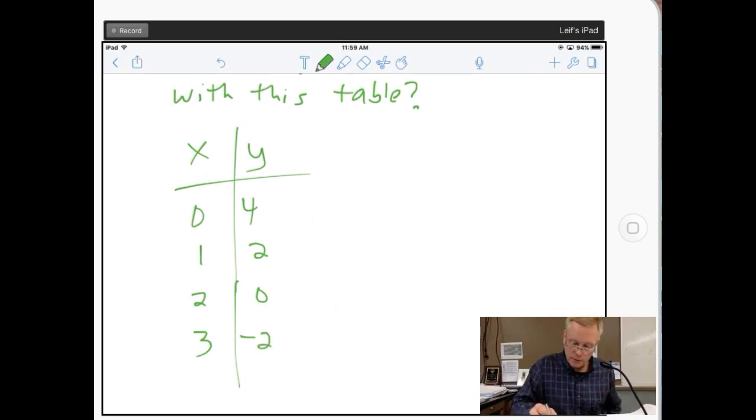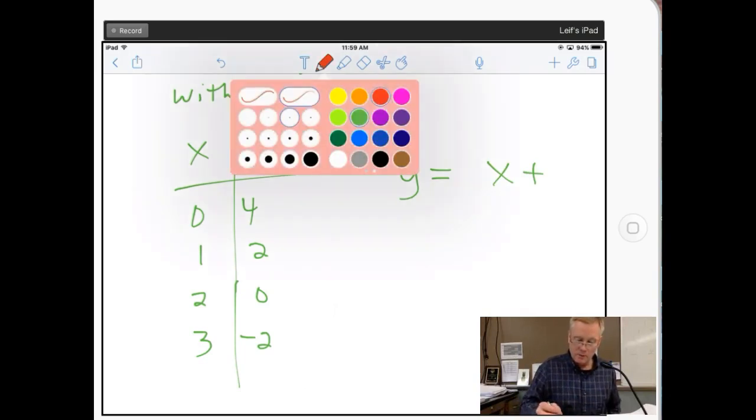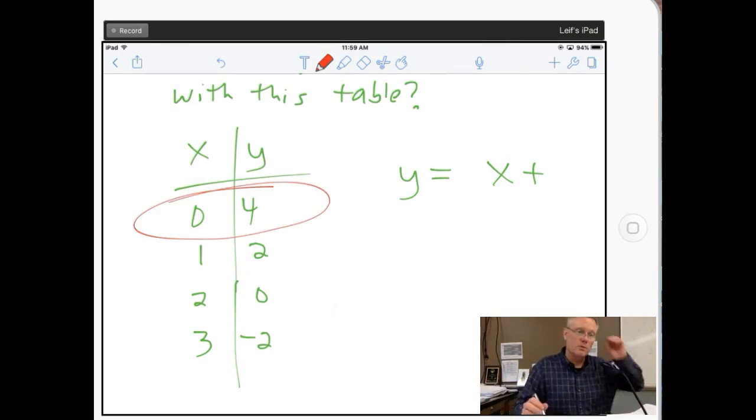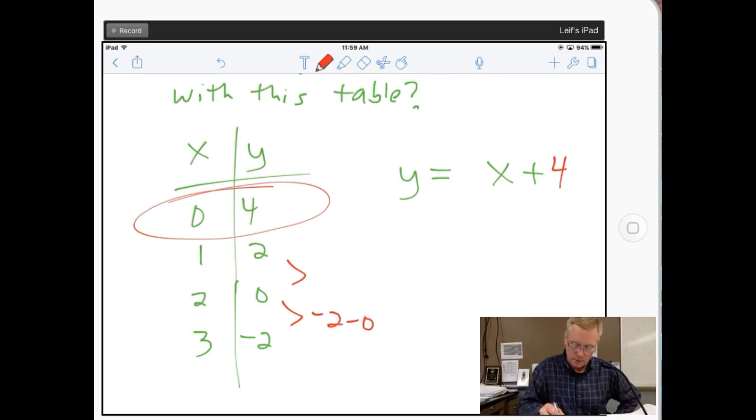Okay, so I need y equals something times x plus something. It's really nice they gave me what y is when x is 0. When x is 0, y is 4, because that's my y-intercept. Sometimes it may not be there, and you'd have to analyze the table and extend it. I'll come back to that in a minute. If I go this way, I usually start at the bottom and go up. -2 minus 0, 0 minus 2, that's -2.